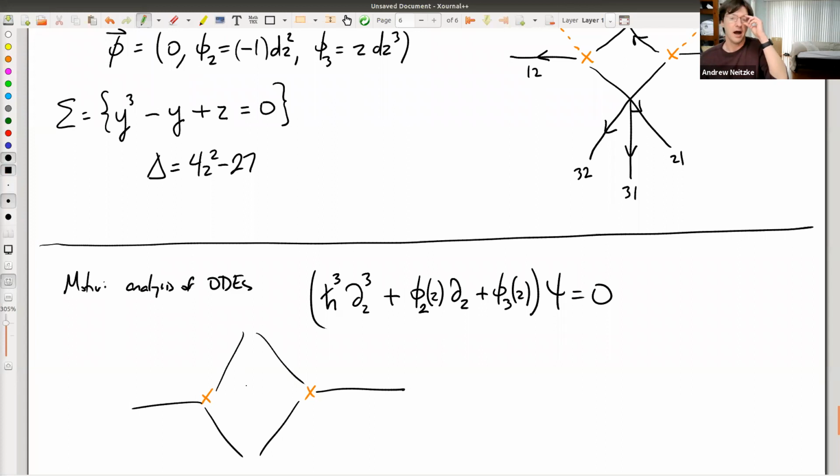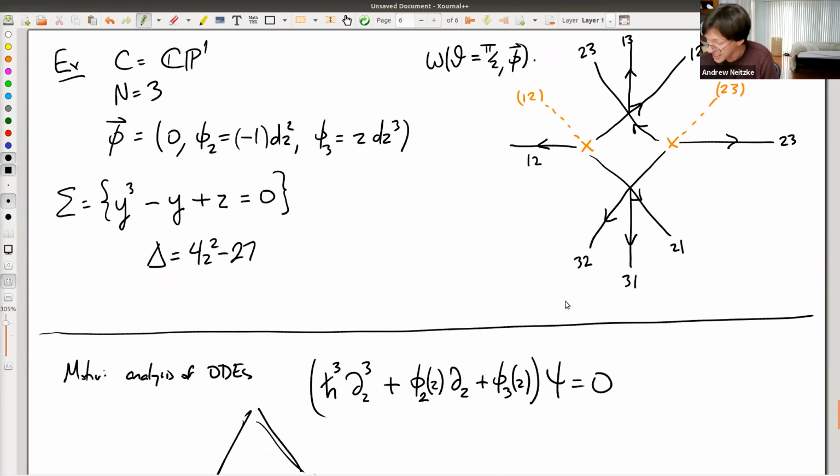Trying to build a solution of the equation, it turns out you can't build it globally. You can build it away from some certain subset, and that subset is exactly the spectral network. It's conjectured, although I think it's not quite proved yet, but there's a lot of evidence, that in the higher rank situations the Borel summation will work exactly away from this diagram that I've drawn here, the spectral network.